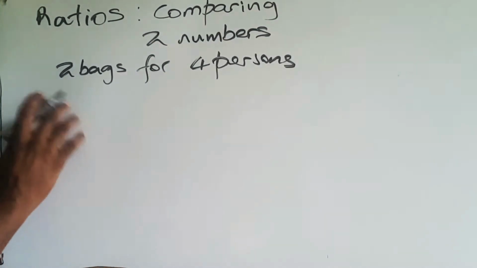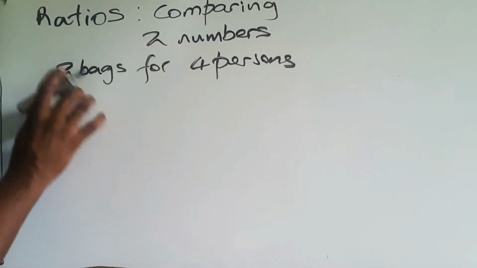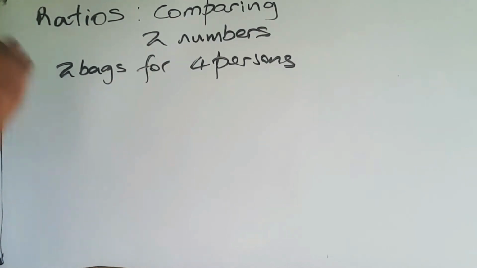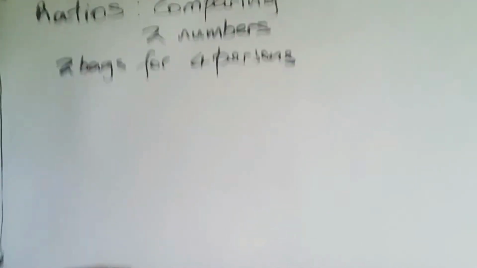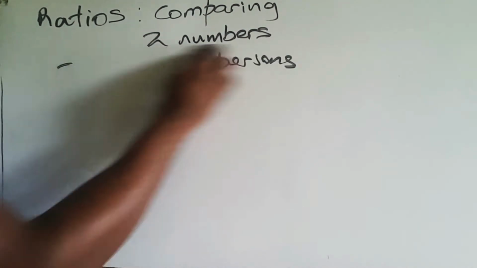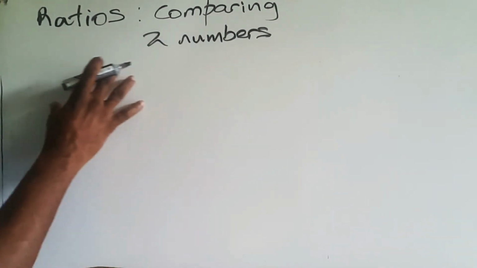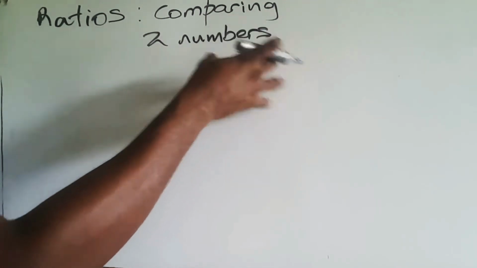So in that case, we are comparing the 2 with the 4, 2 bags for 4 persons and stuff like that. Basically, when we look at a ratio, we really want to compare ideas. But before we go there, let's look at how we can represent ratios.